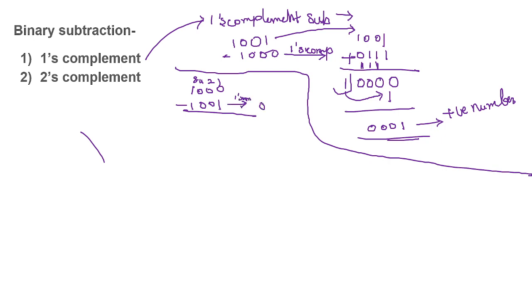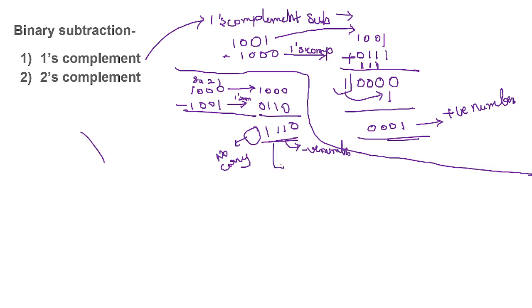It will be 0110, and this number will be as it is because it is positive, and the result will be 0111. There is no end around carry. So the number is negative, and we have to take the 1's complement of the result, which will be 1000.